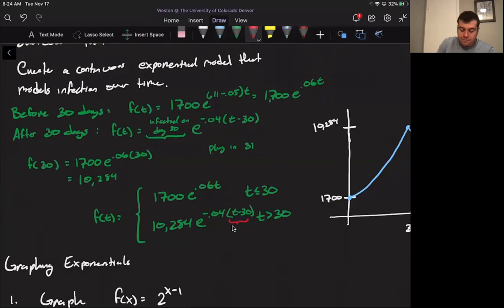And then also the new infected population. If we didn't have this minus 30, this would be a perfectly fine model if our model was starting at t equals 0, but since it's starting at t equals 30, we need that minus 30 there.